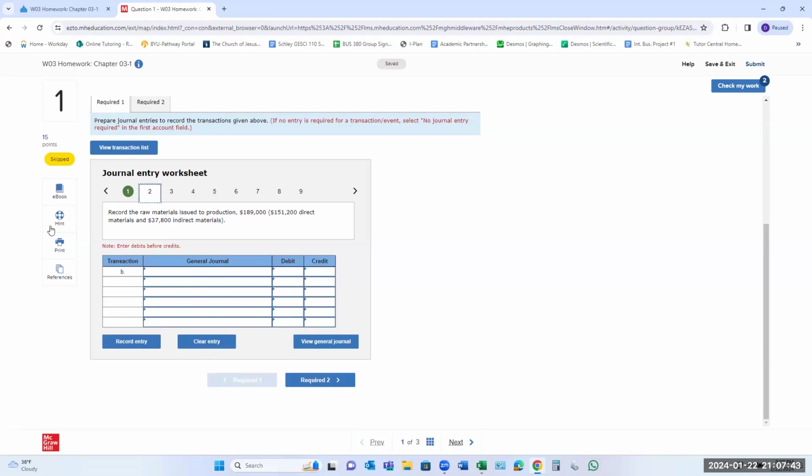Okay, required 2, record the raw materials issued to production of 189,000. 151,200 were direct materials and 37,800 were indirect materials. So remember, when things are issued to production, that goes into work in process. We've got to have these direct materials to work on, so that's our direct materials.